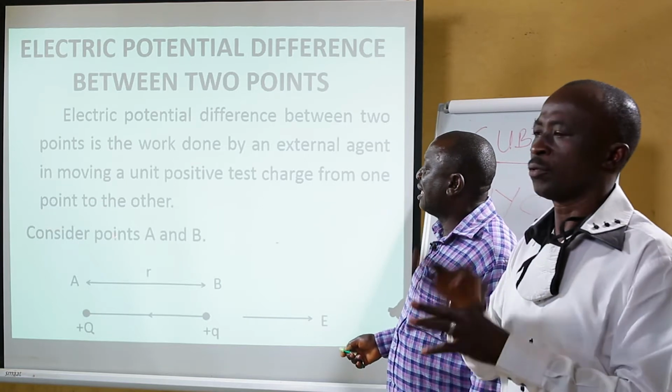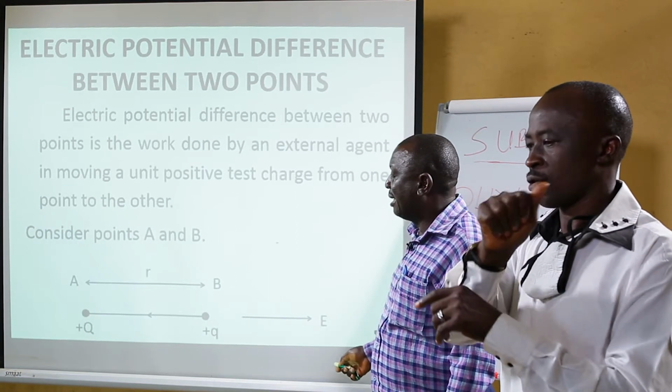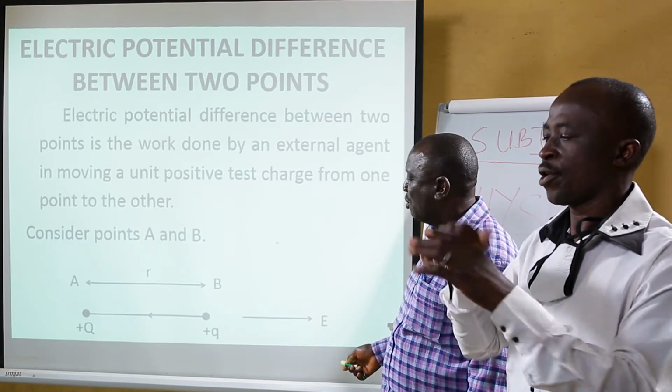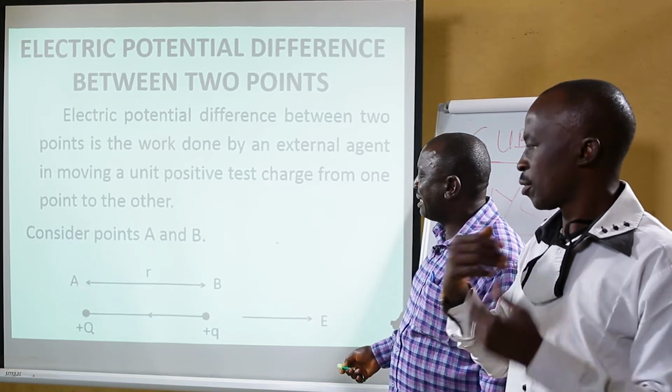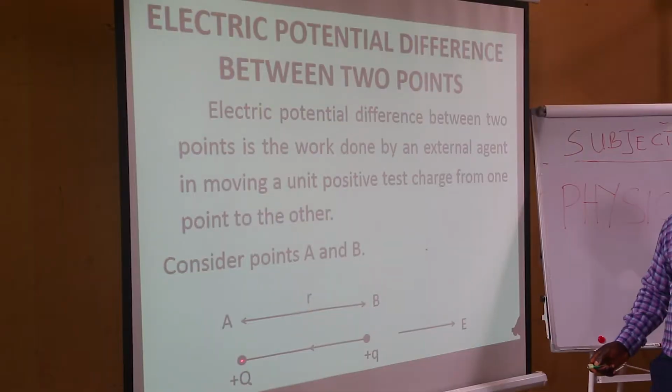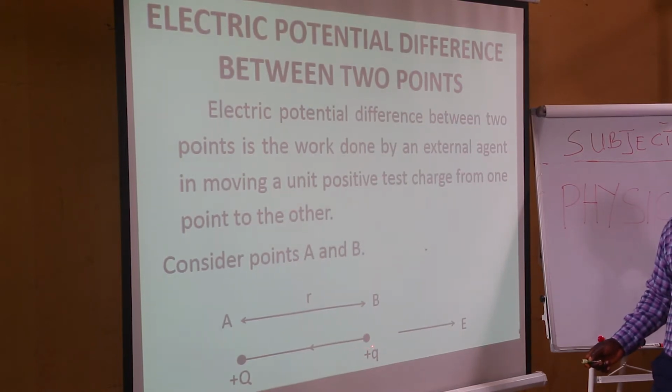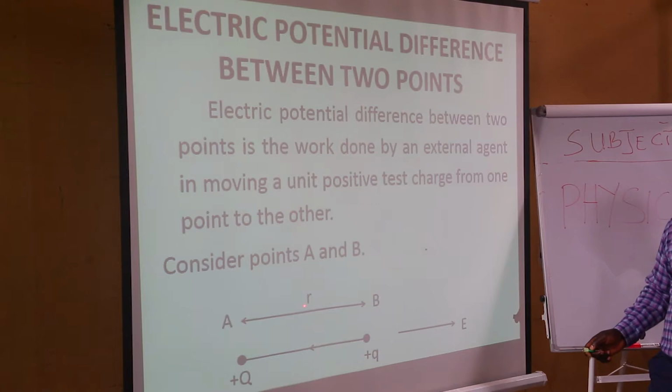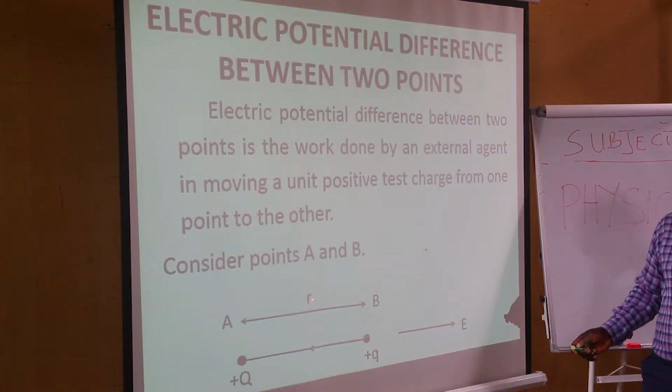If we consider points A and B as shown in the diagram below, this positive charge plus capital Q is at point A. At point B we have another positive test charge, plus small q, and the distance between the two charges is small letter r.